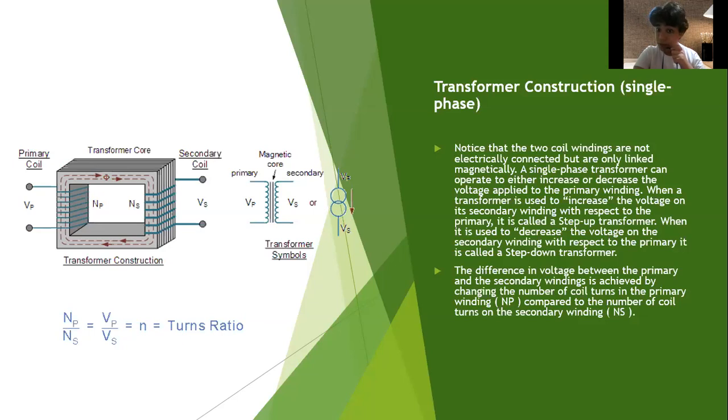When it is used to decrease the voltage on the secondary winding with respect to the primary, it is called a step-down transformer. As I said earlier, the difference in voltage between the primary and secondary windings is achieved by changing the number of coils in the primary and secondary windings.